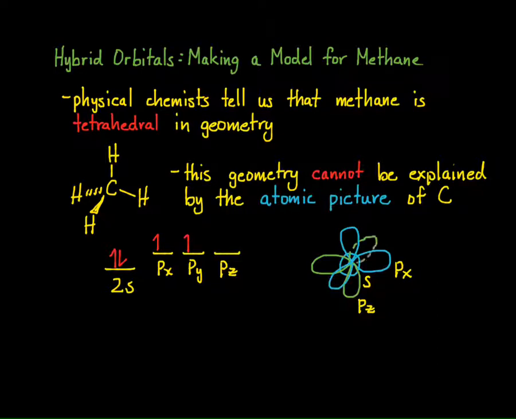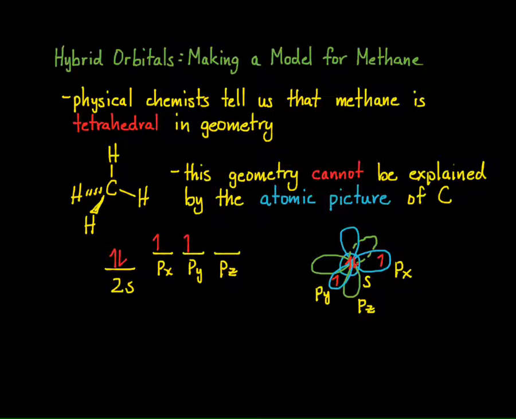I'm going to draw one lobe coming out, and another as a dash that denotes that it's actually going behind me. So that's the py. In carbon as an atom, this atomic picture tells us that I have two electrons in the s orbital, one electron in my arbitrarily designated px and one electron in the py, and the pz is empty.